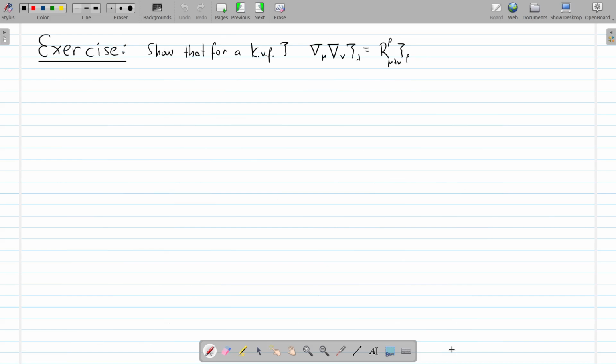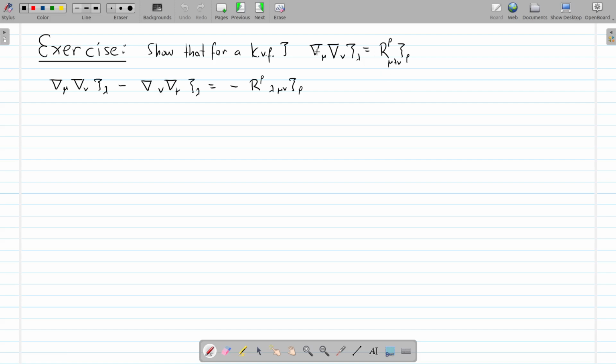Now, let's work out a simple exercise. If we have a Killing vector field, let us show that its second derivative with respect to a covariant derivative, which is a Christoffel covariant derivative, is proportional to the Riemann curvature tensor.